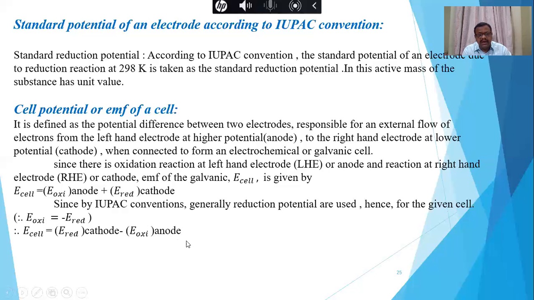Because in place of E oxidation we have written minus E reduction, E cell is equal to E reduction minus E oxidation.